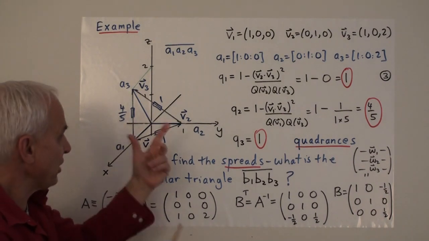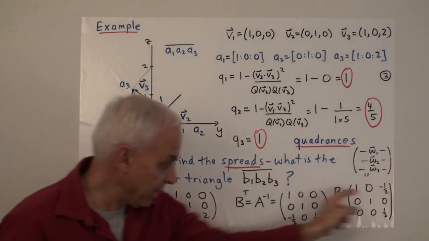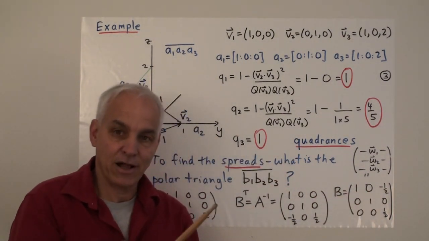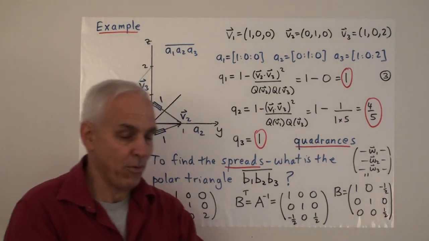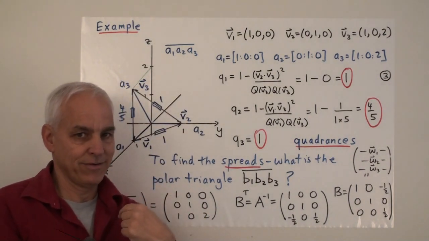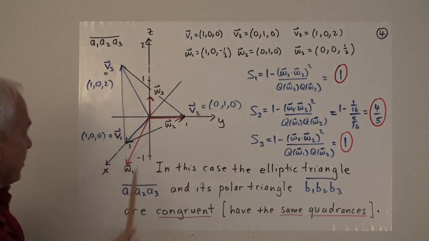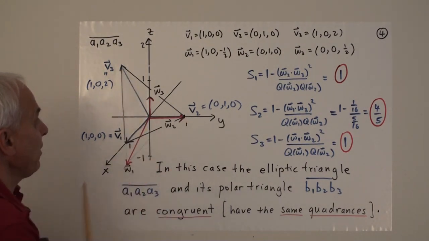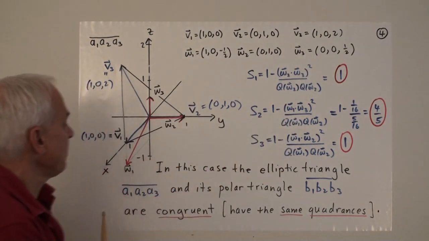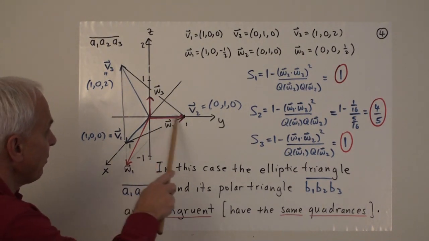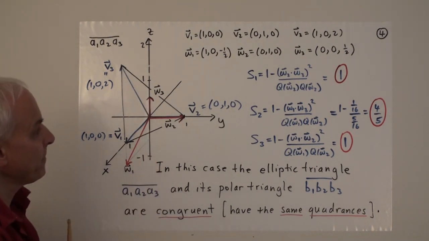So to get the spreads of the original triangle, we're going to take these three vectors and calculate the quadrances of them. And that will be the spreads of the original triangle. So here's the picture that we have. There's our original vectors, V1, V2, V3. And now we have these new vectors, W1, W2, and W3.